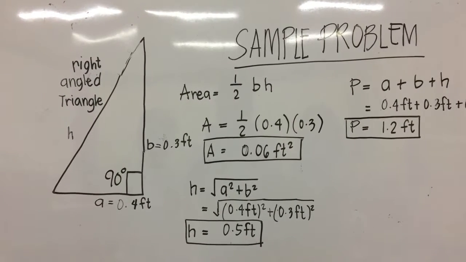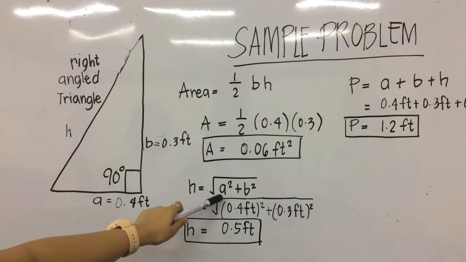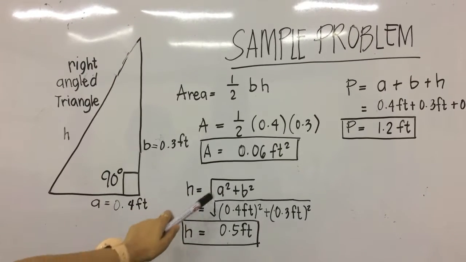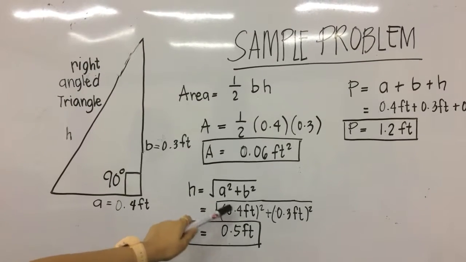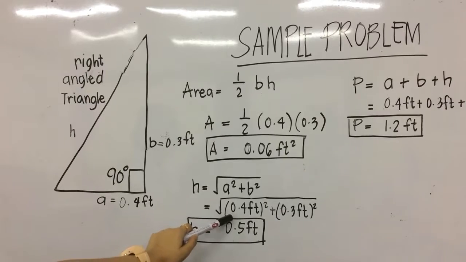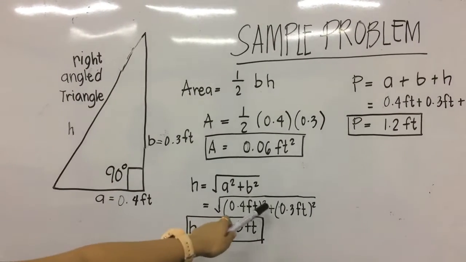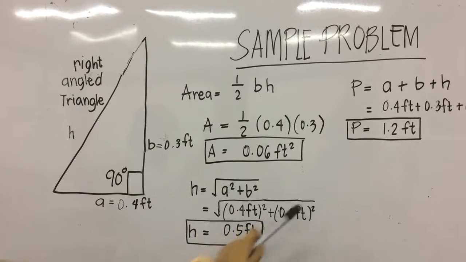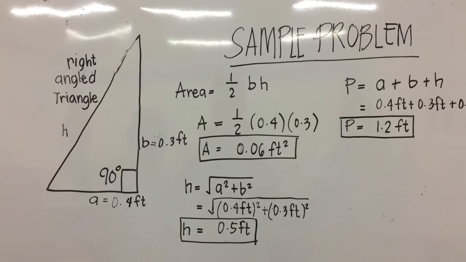To solve for our H, we will use the formula H equals the square root of A squared plus B squared. So we will have the square root of 0.4 feet squared plus 0.3 feet squared. That will give us an H of 0.5 feet.